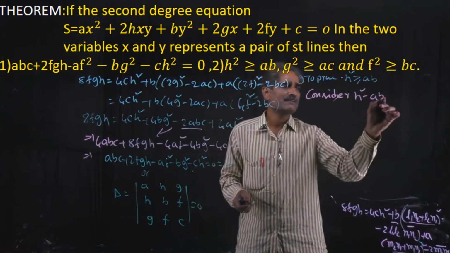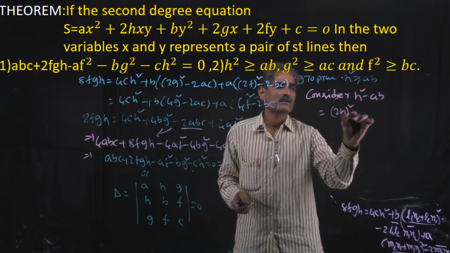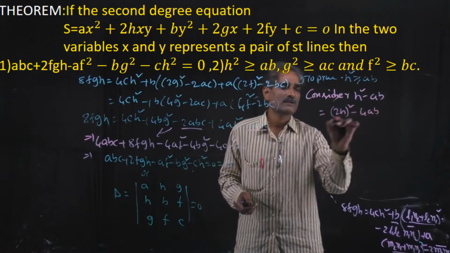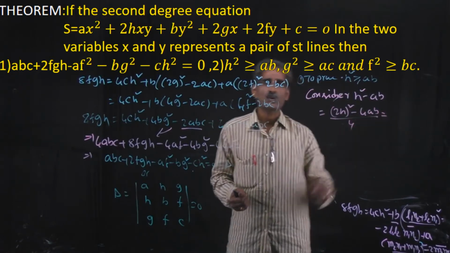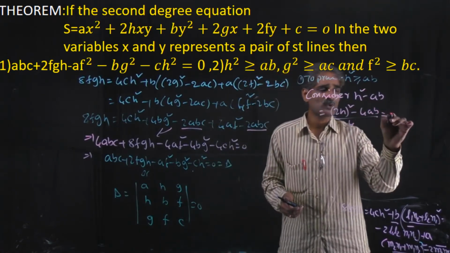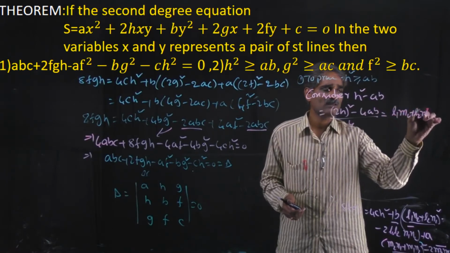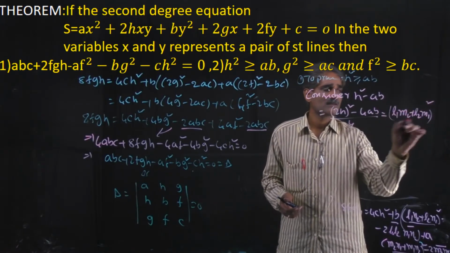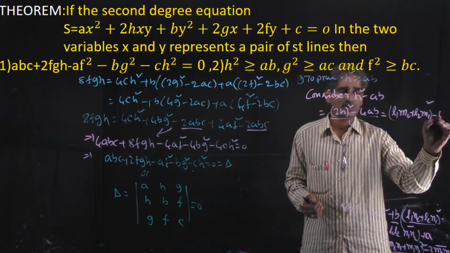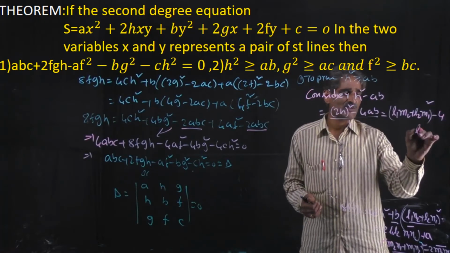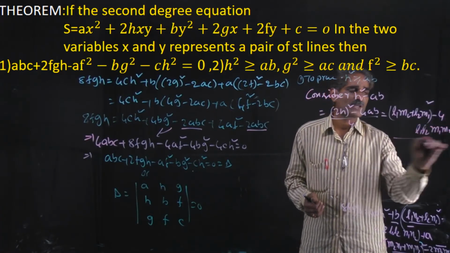Just multiply and divide by 4, then we get 2H whole square minus 4AB, by 4. What about the 2H value? 2H means L1M2 plus L2M1, whole square, minus 4AB, that means minus 4 into A means L1 L2, B means M1 M2, whole divided by 4.